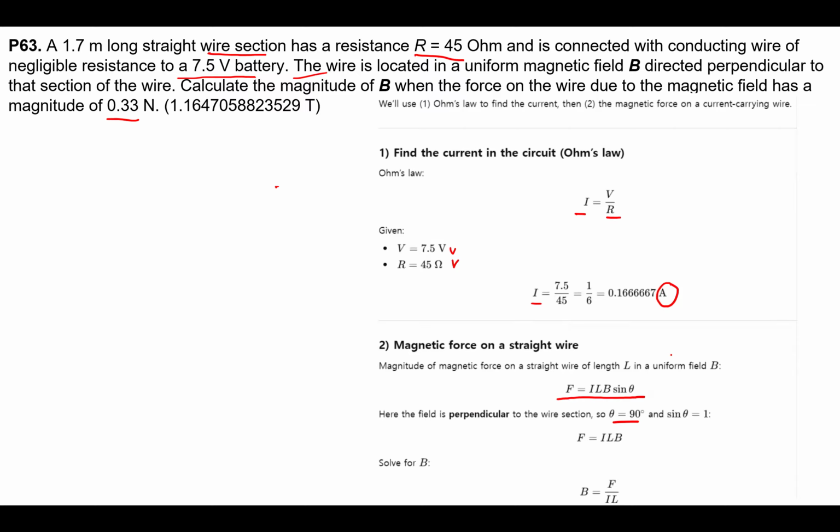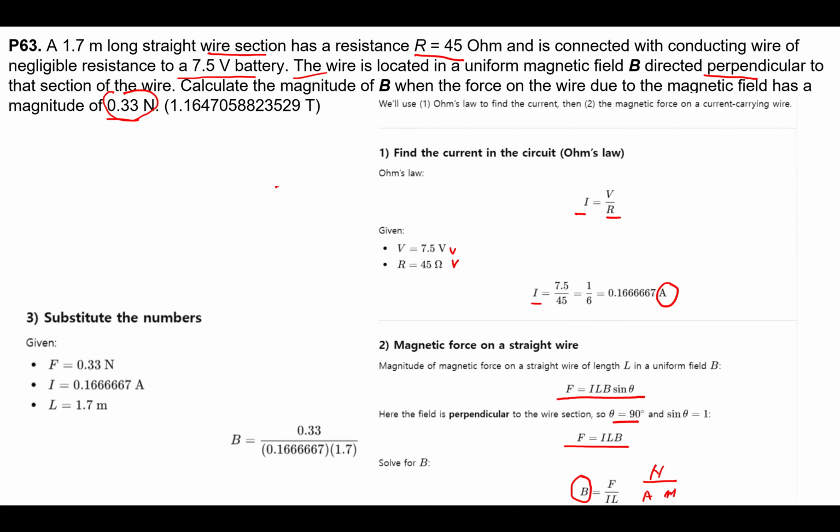And note that we say that it's perpendicular, so theta equals 90 degrees, so that we have this one. And if you look carefully, the force is given in Newtons, so we need to find the magnetic field. So with Newton, ampere, and length in meters, you can find the Tesla. Okay, this is the way to do it.